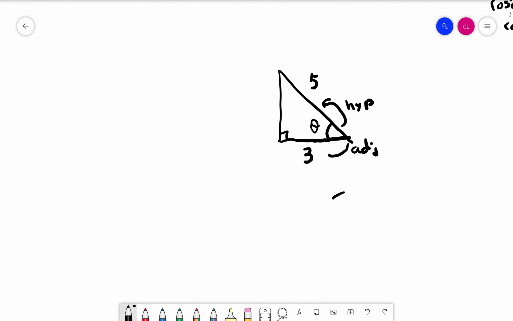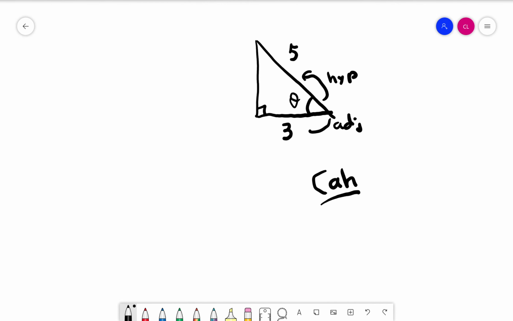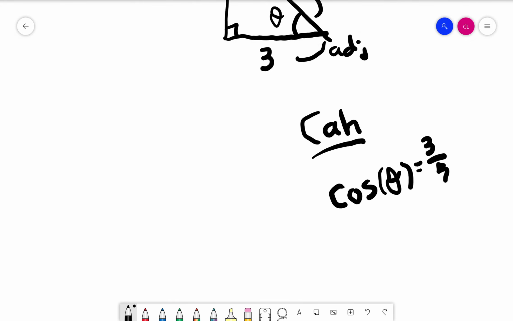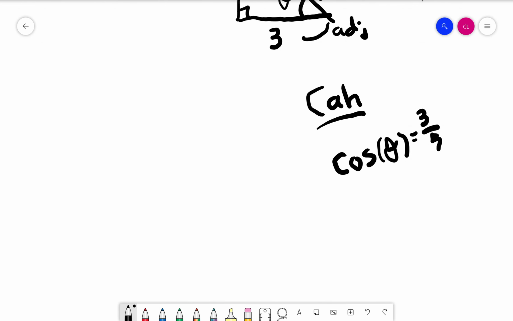Same principles, you use this one. So it would be cos theta equals 3 over 5. But then to find theta, we need to reverse the cosine. You may find this on your calculator.